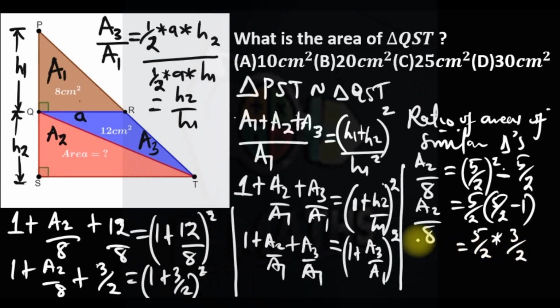This A2 over 8 is 15 over 4. So A2 will be 30, because 15 over 2, 4 and 8 is 2. So 2 times 15 is 30. So A2 is 30 cm squared. So it's a very nice and tricky question. Thank you.